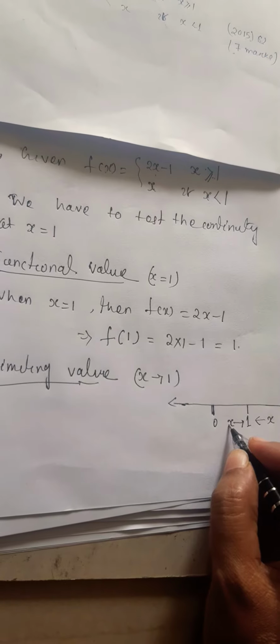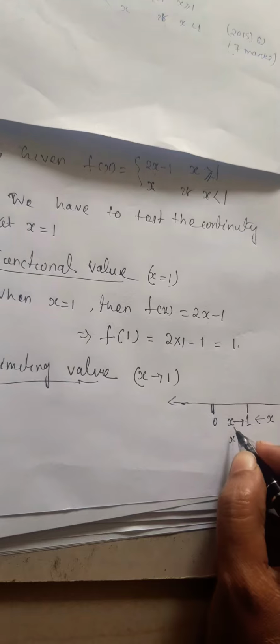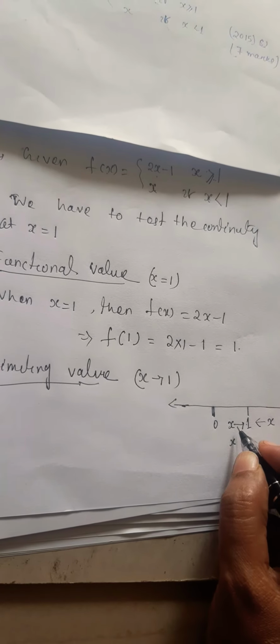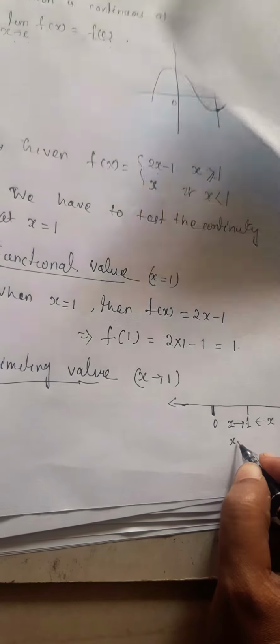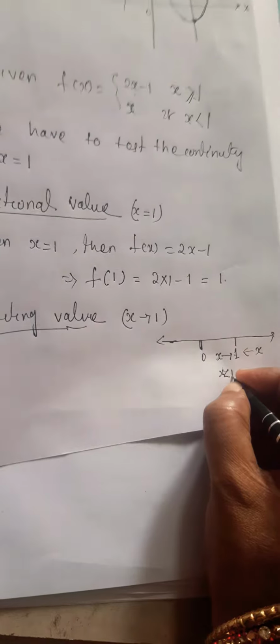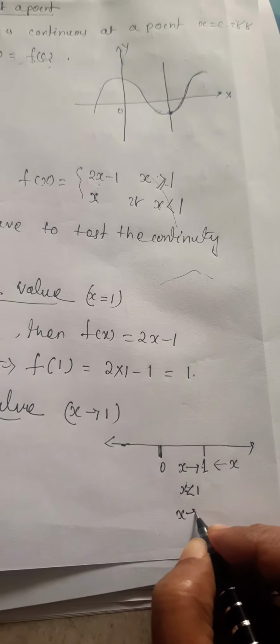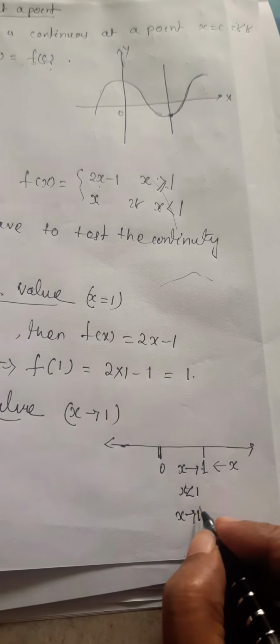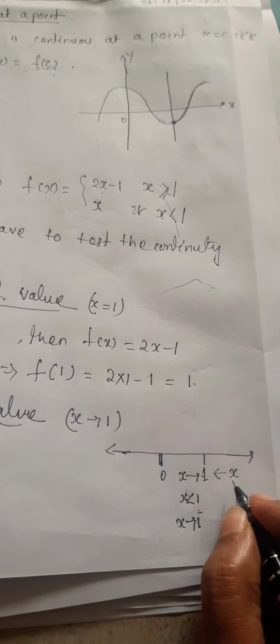When you go towards 1 from the left side, x becomes closer and closer to 1 by taking values less than 1. This can be summarized as x tends to 1 minus, which gives you the left hand side limit.